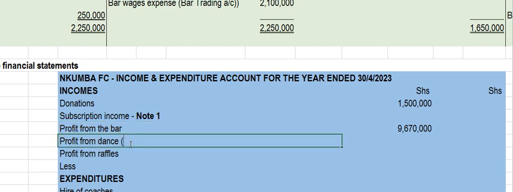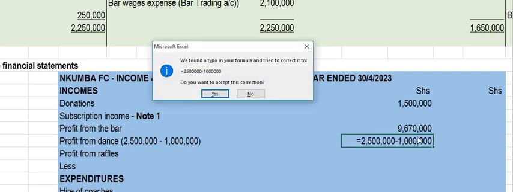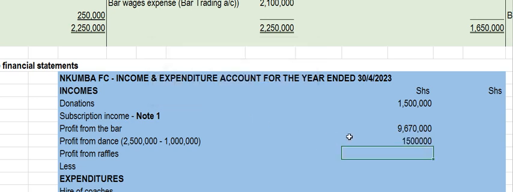I get the receipts 2.5 minus the dance expenses. We take the net, and this will give me 2.5 minus the 1 million. That gives us 1.5 as the profit from the dance.